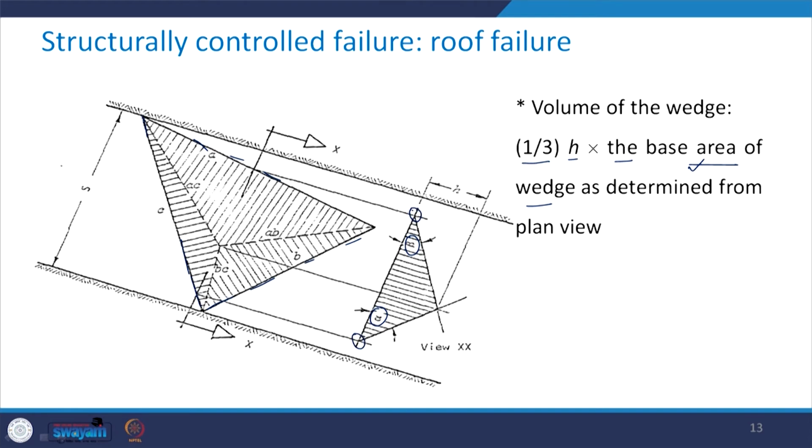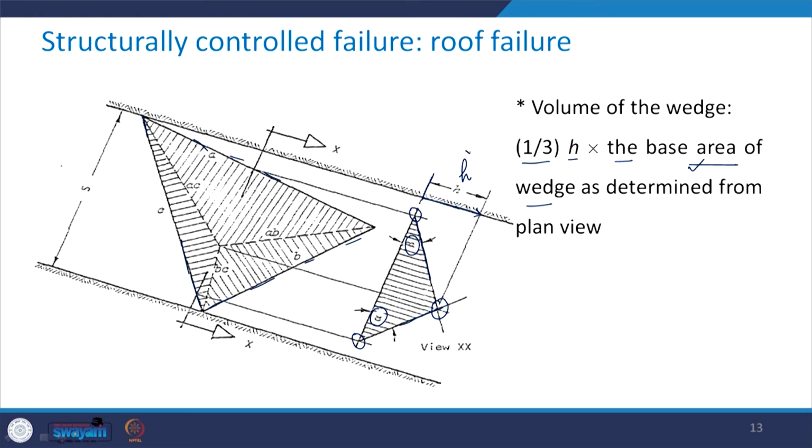also. So, wherever these 2 lines intersect each other, that point is going to give you this dimension h from this base of this triangle in this particular manner.